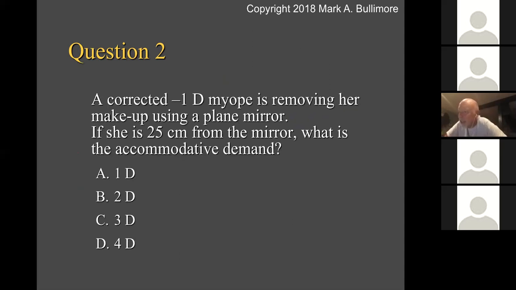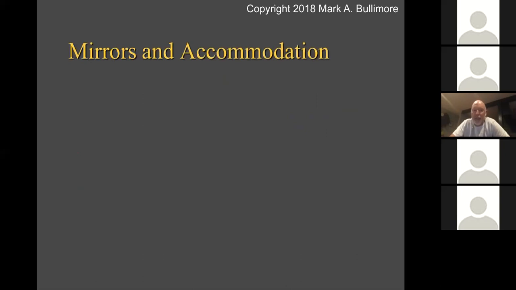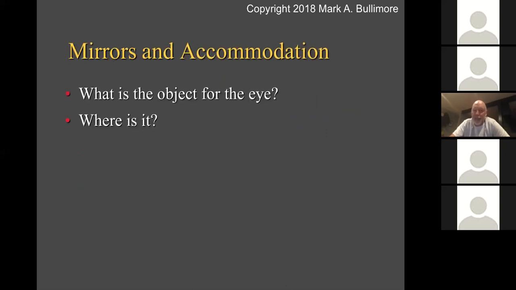I think somebody did their homework. Okay, here's the easy mistake to make. You see 25 centimeters, and you think 4 diopters. But that's the first mistake you can make here, because remember, when they're looking into a mirror, you've got to think about what the object for the eye is and where it is.